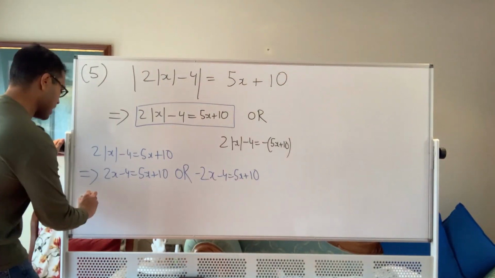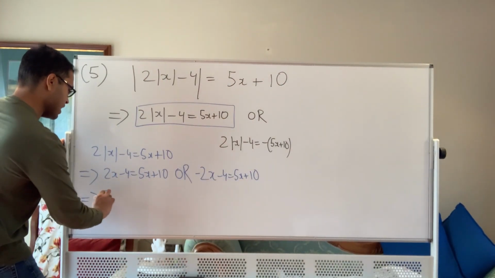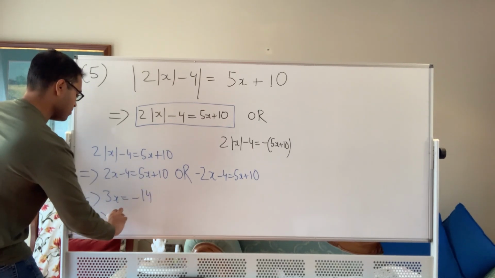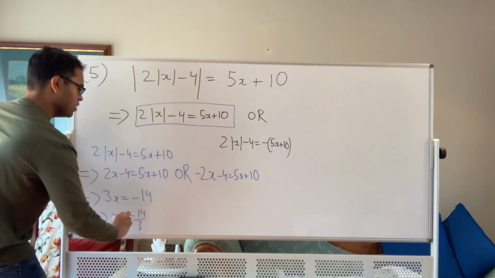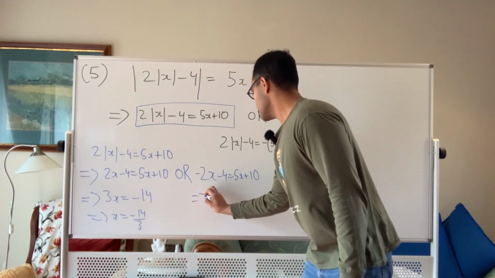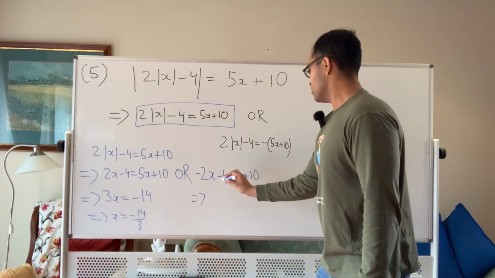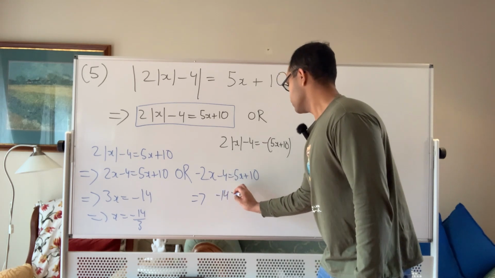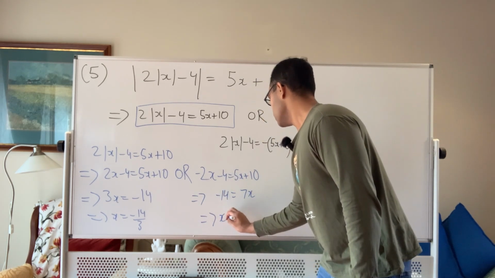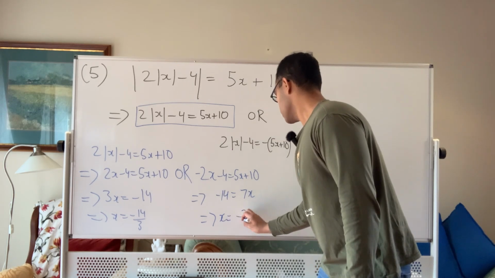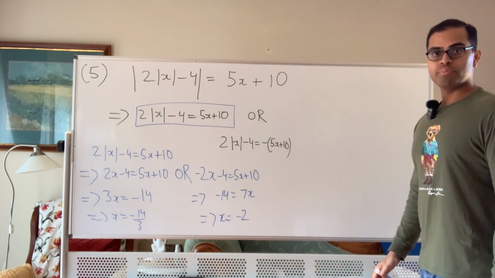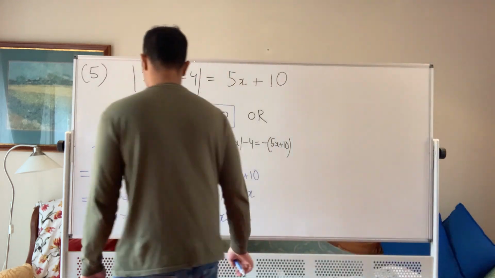So either this implies that 3x is equal to minus 14, which implies that x is minus 14 over 3. And this one implies that 7x is equal to minus 14, which implies that x is equal to minus 2. Okay, so those are the two proposed solutions.